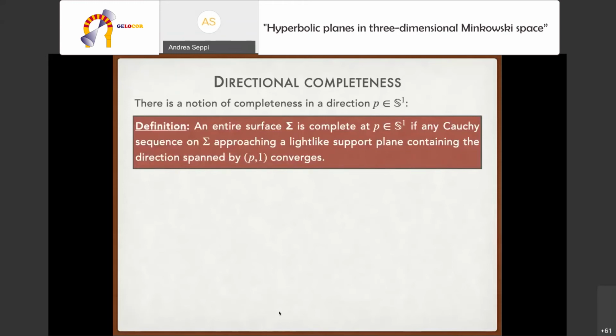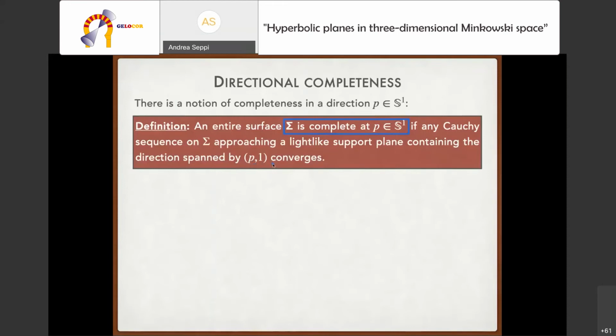Let's take an entire surface, okay? We say that our surface is complete at this point if every Cauchy sequence that approaches a light-like plane corresponding to the direction given by P in the previous pictures is converging.